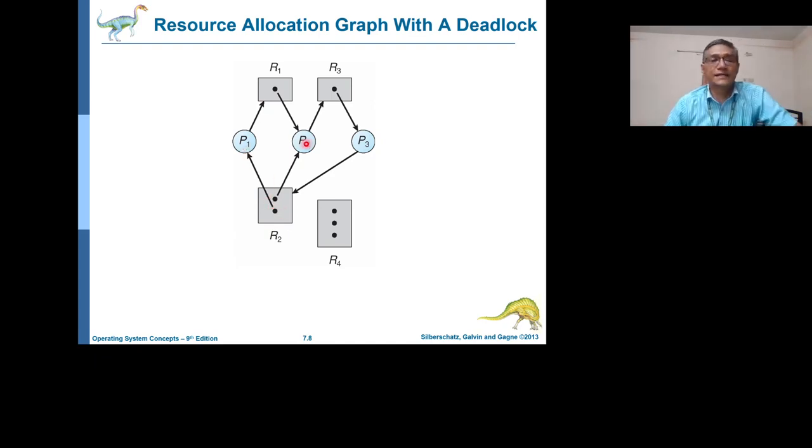Now there is a cycle: starting from R2 to P1, P1 to R1, R1 to P2, P2 to R3, R3 to P3, P3 to R2. The cycle occurs, so this condition we call a deadlock.